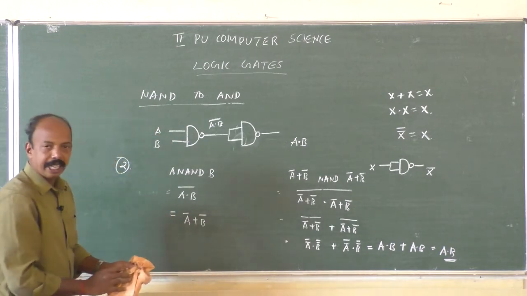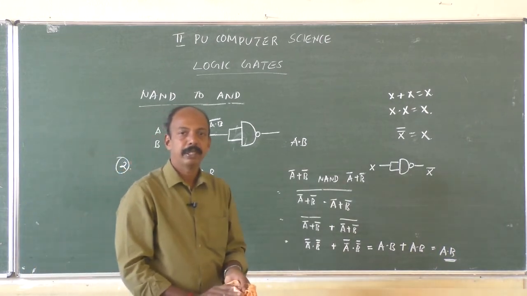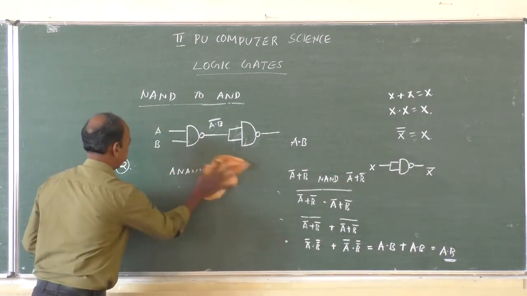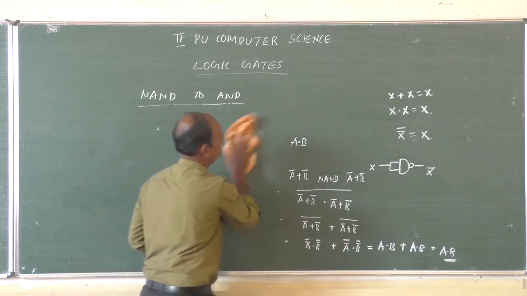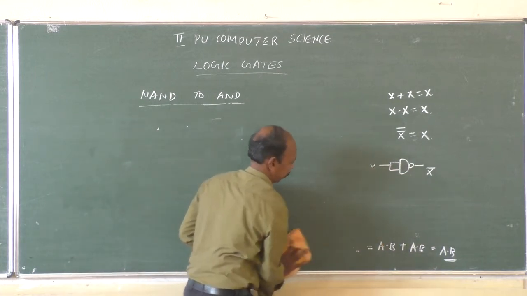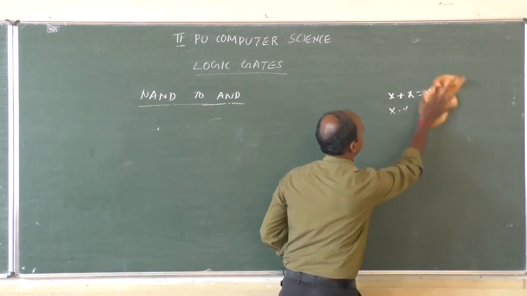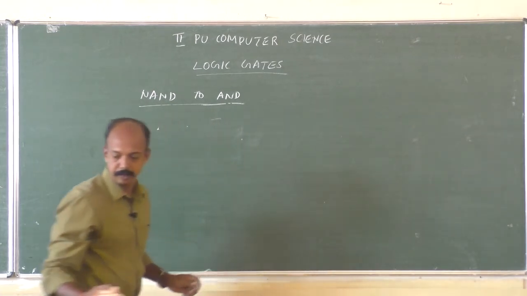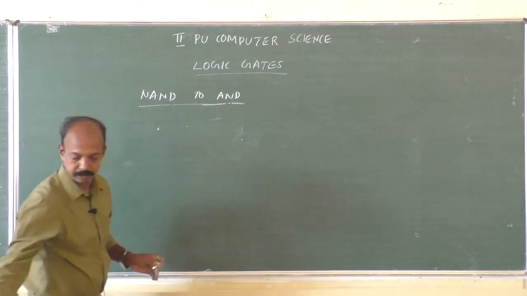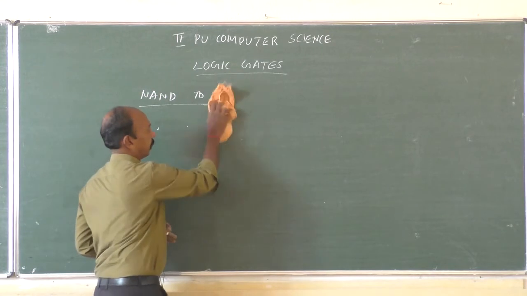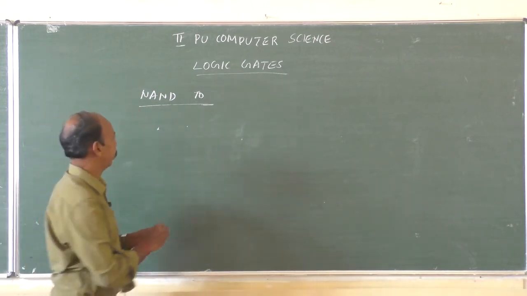So the AND gate as well as the NOT gate we have derived. Now remaining is the OR gate. Let us do that.